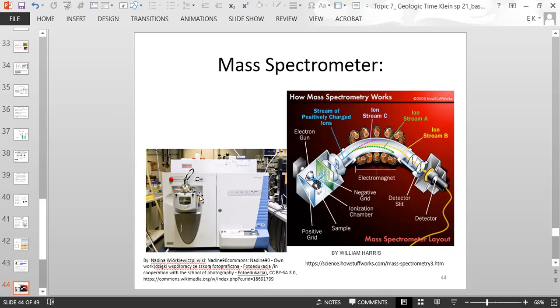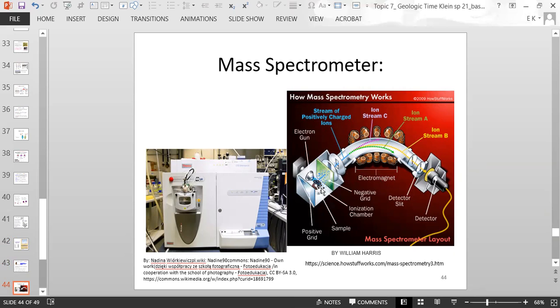So you take an igneous rock and you crush it, and then you would search using a microscope and tweezers for little zircon crystals. And then you prepare the zircon in such a way that you can put it into a spot of the mass spectrometer where you have ionization of the material that you put in.